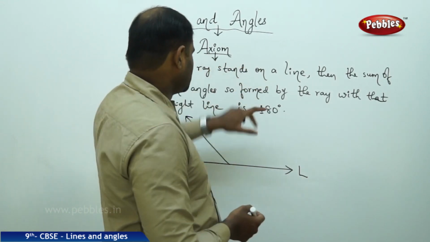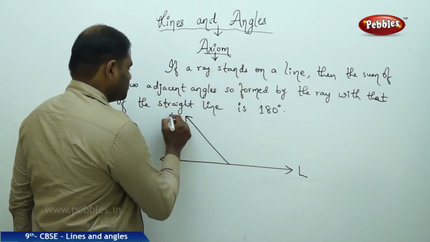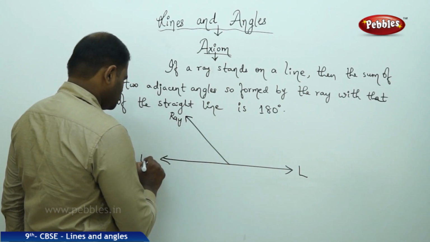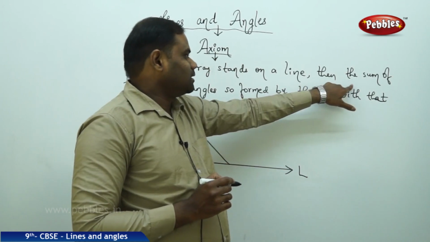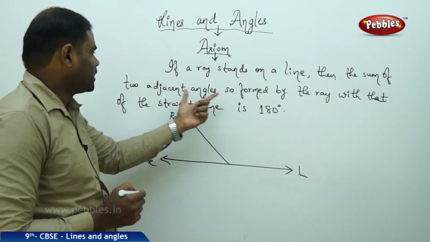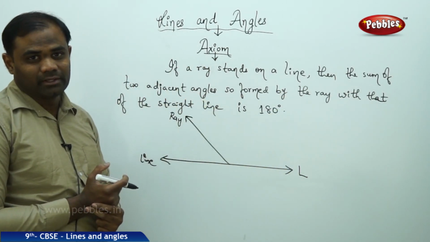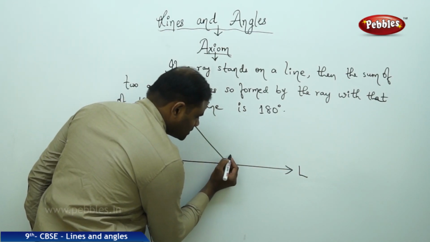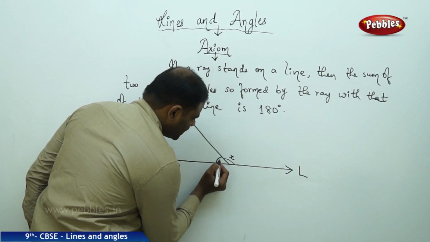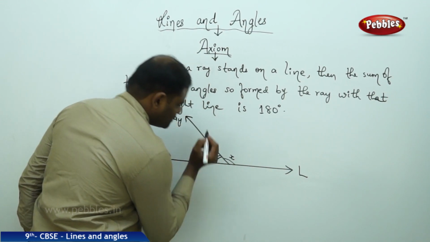Then if a ray stands on a line, this being the ray, this being the line, the axiom says that the sum of two adjacent angles so formed by the ray, we clearly know that the adjacent angles formed by the ray are this and this.